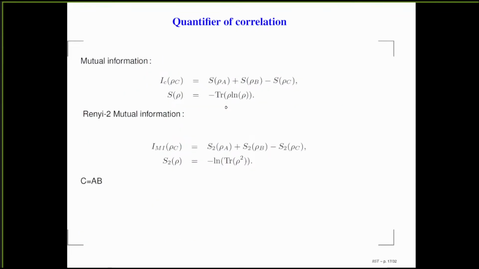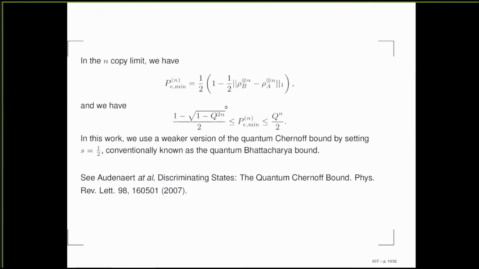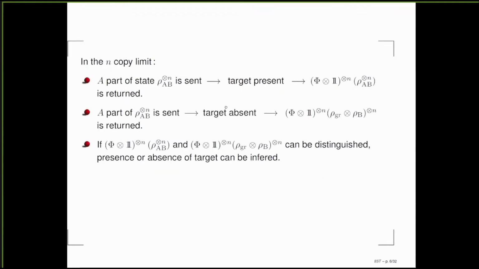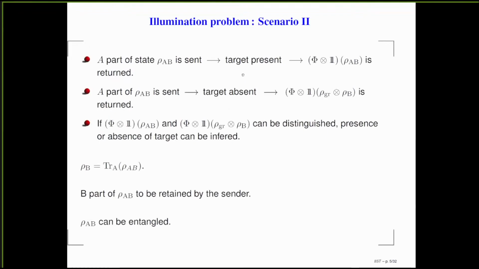So let me go back to the slide, scenario 2, which is essentially what we're going to do. We have some joint state rho AB. The A part is sent, what is returned is this, and the problem is essentially distinguishing between these two scenarios.